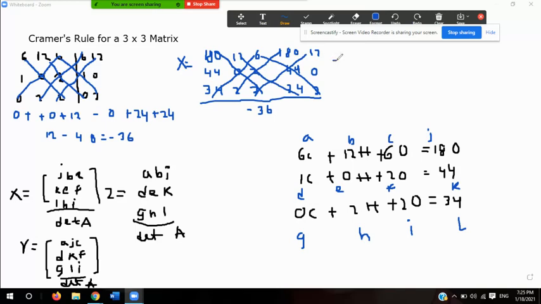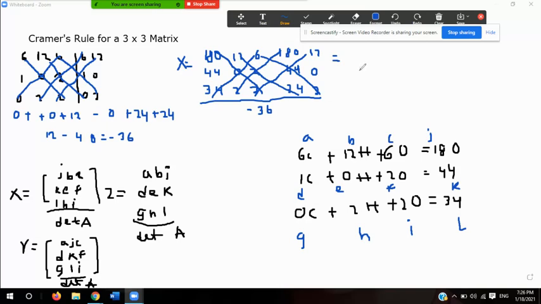So when we do that, when we multiply, remember, and I'm not going to go over the details of the determinant just because I'm trying to save some time, but pretty much I multiply across on each term like I did here, and then I add them and then I subtract them.